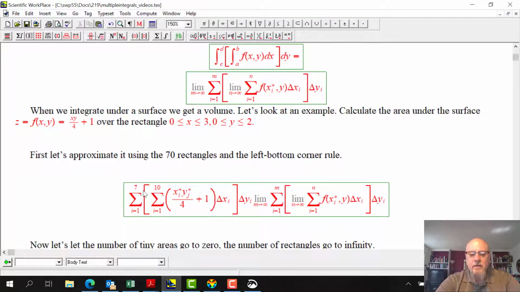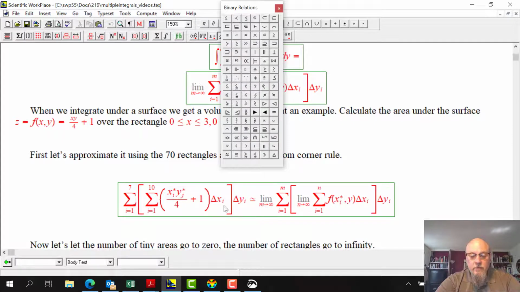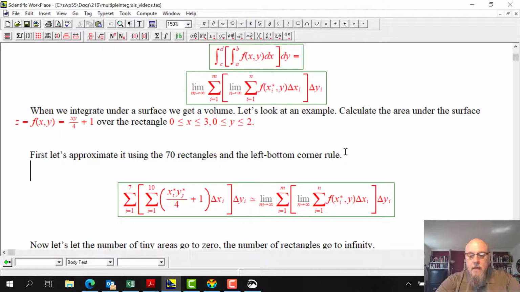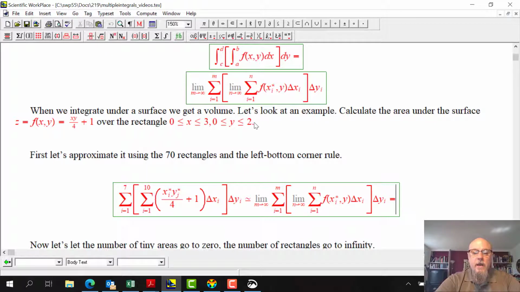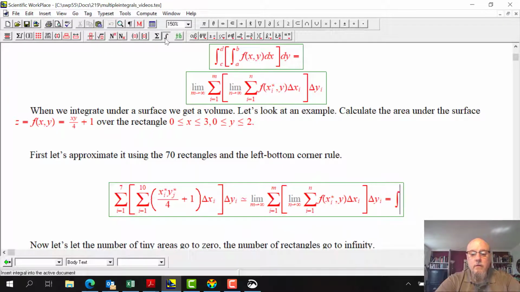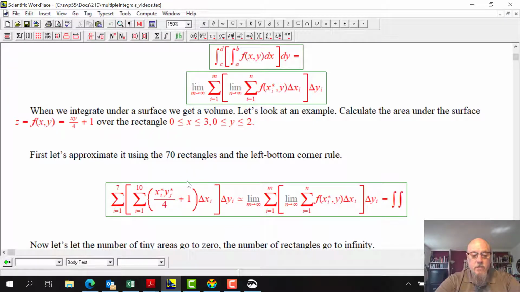But since we're going to let the limit as m and n go to infinity anyway, that's approximately equal to. The reason it's approximate is because this is only going to 7 and 10, whereas this is the limit as n goes to infinity. And this is equal to our double integral of the function.